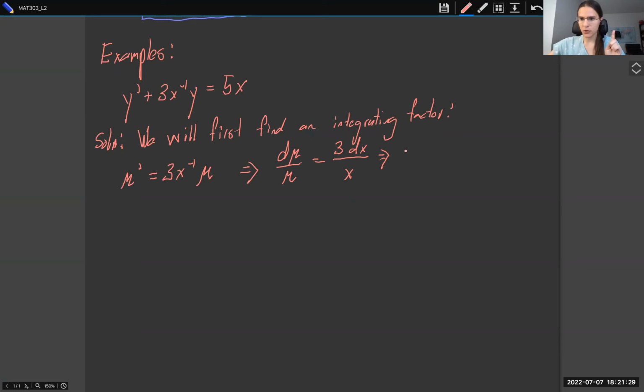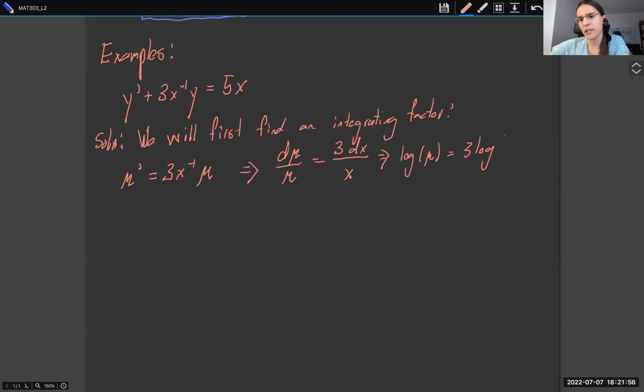So we're not going to add the constants because we just want some integrating factor to give us progress, right? So what happens when we integrate? Log of mu equals three log of x. Yeah, exactly.